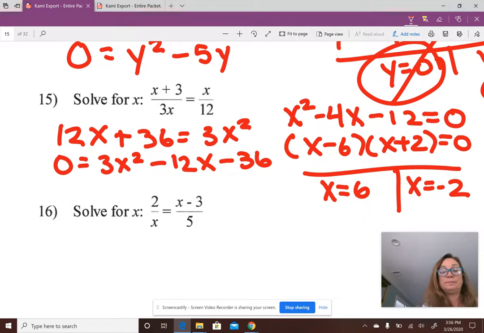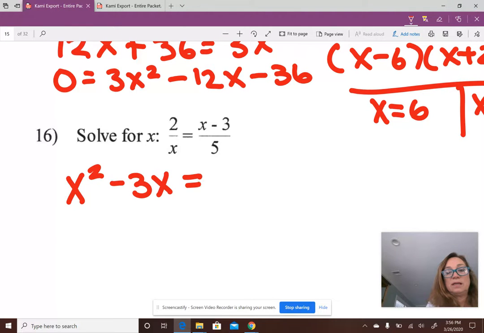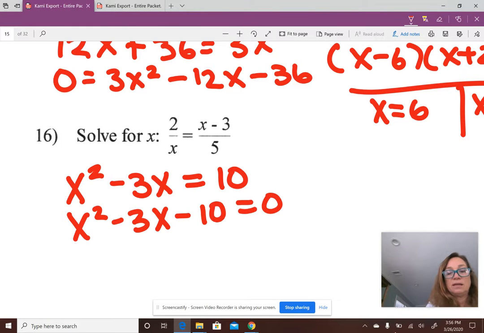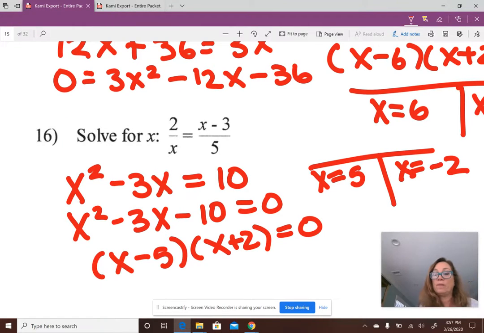Both answers are good. All right, again, cross multiply to solve a proportion. Equals 10. Set it equal to 0. So negative 10. So x minus 5 and x plus 2 equals 0. Therefore, x is equal to 5 and x is equal to negative 2.